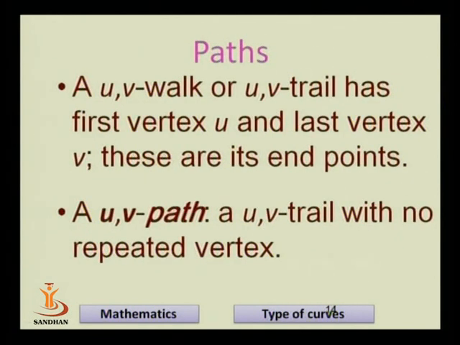A u-v walk or u-v trail has first vertex u and last vertex v. These are its end points. A u-v path is a u-v trail with no repeated vertex. Here no vertex appears more than once.